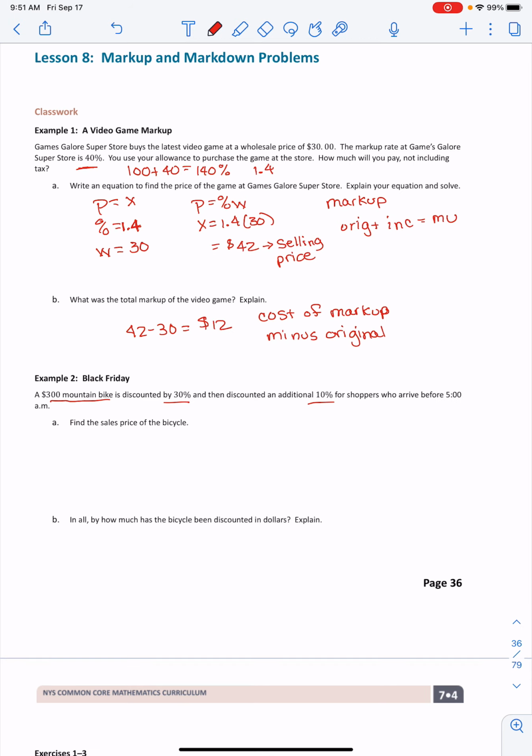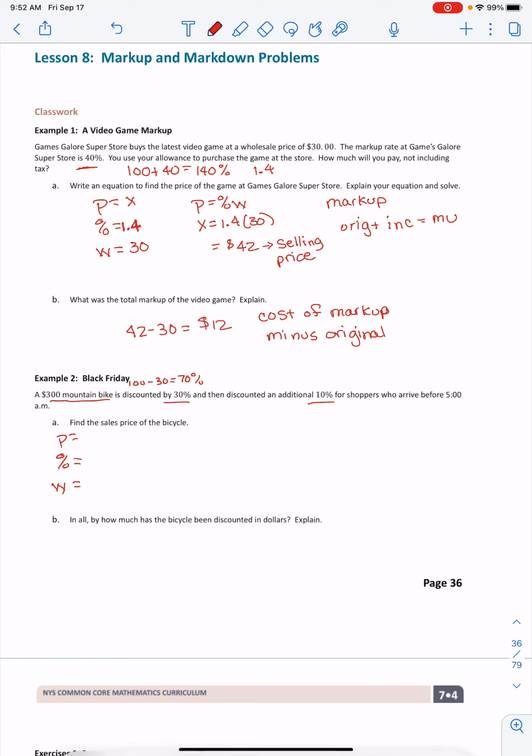So here we get P, percent, and W. And here because it's discounted, we're going to take that 100 and subtract the 30% to give us the 70%. What this is actually going to do is give us the selling price, not the discount, but the selling price, which is what we want.